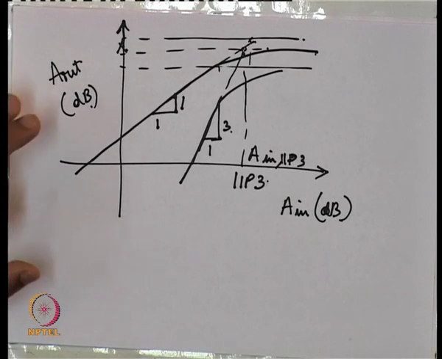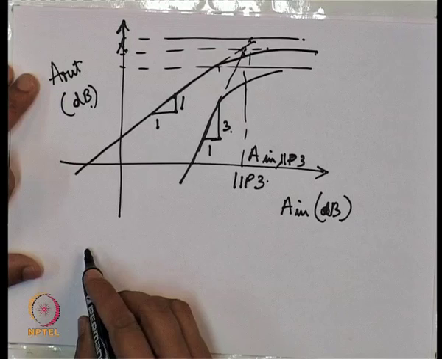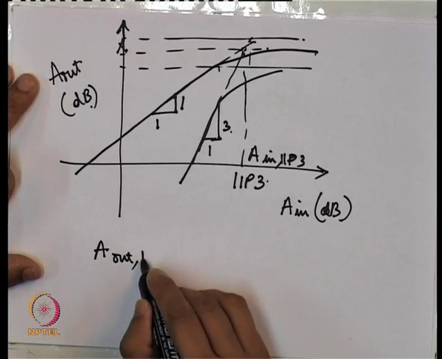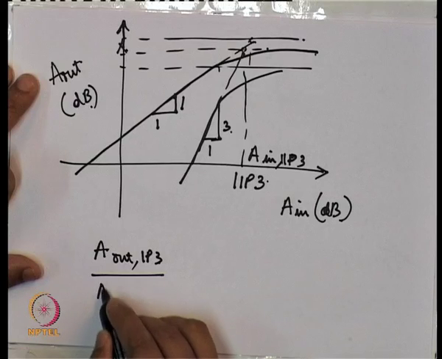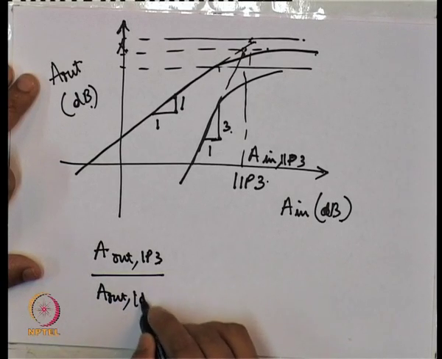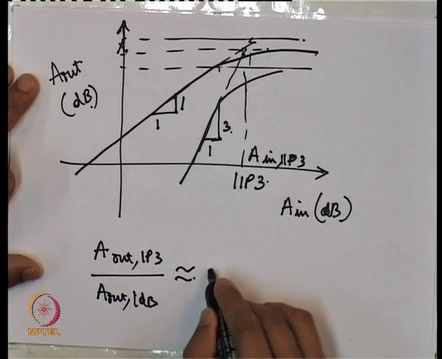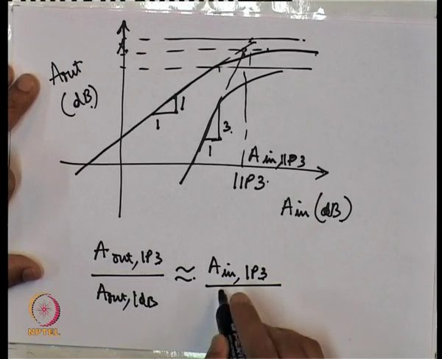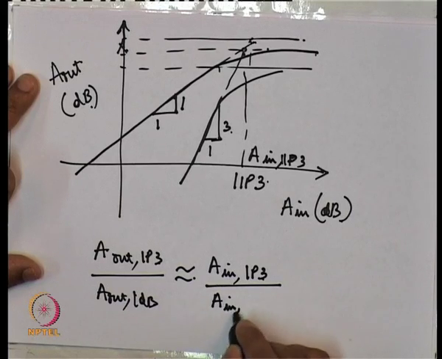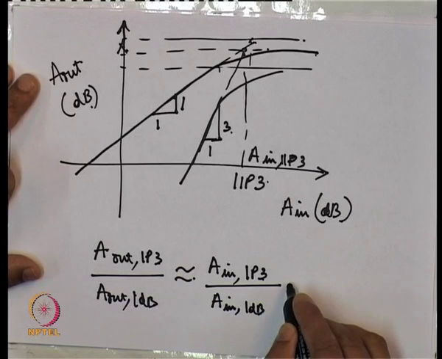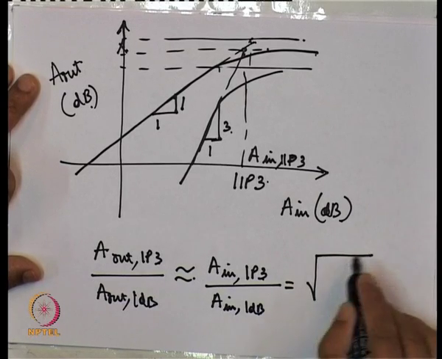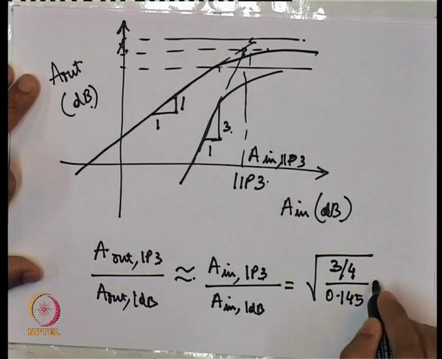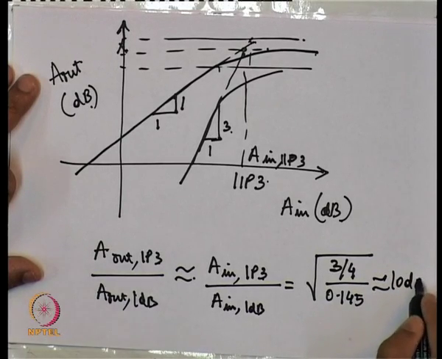Okay. In fact, there is a relationship between the IP3 and the 1 dB compression point: the output intercept point and the output 1 dB compression point, which is nearly equal to the input third order intercept point and the input 1 dB compression point, differ by nearly 10 dB.